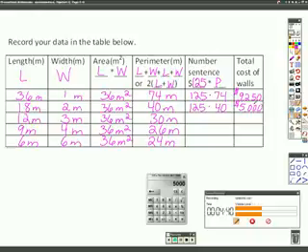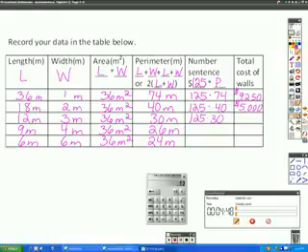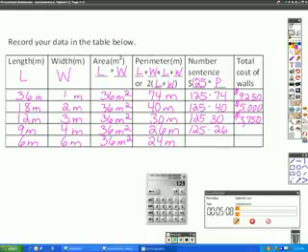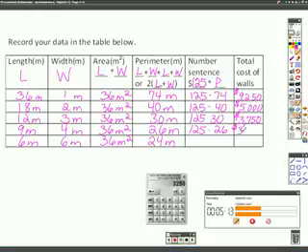The next storm shelter is a 12 by 3, which has a perimeter of 30. Which total cost is $3,750. Our next, 9 by 4, which has a perimeter of 26, has a total cost of $3,250.